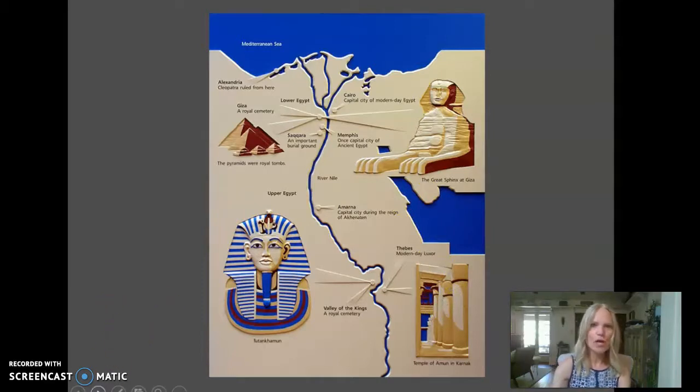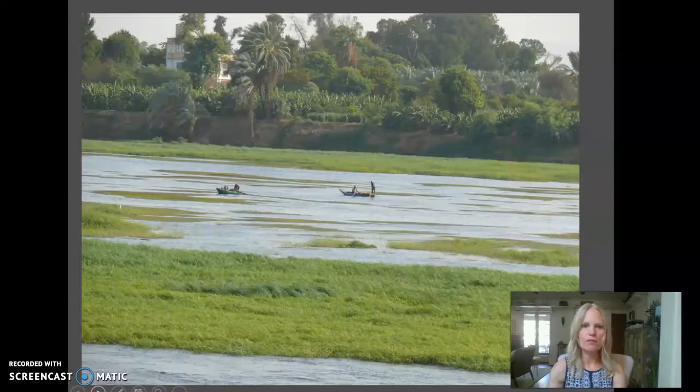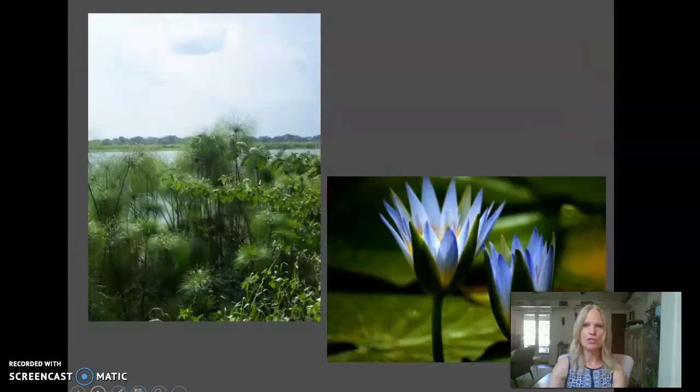All right, so moving on here, I wanted to show you a few slides. Of course, a postcard view of the Nile River. Really just, as I said, the main artery for that civilization. And a couple of plants you can see along the Nile River: on the left, the papyrus plant.